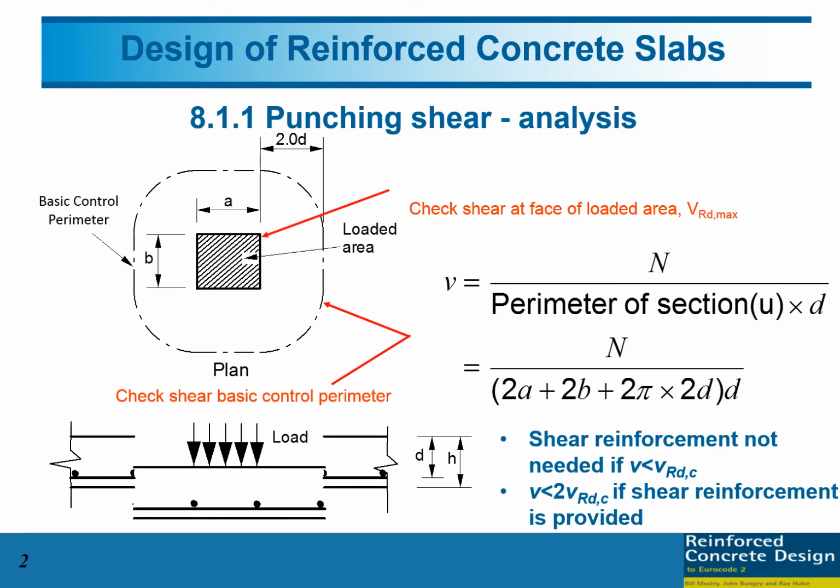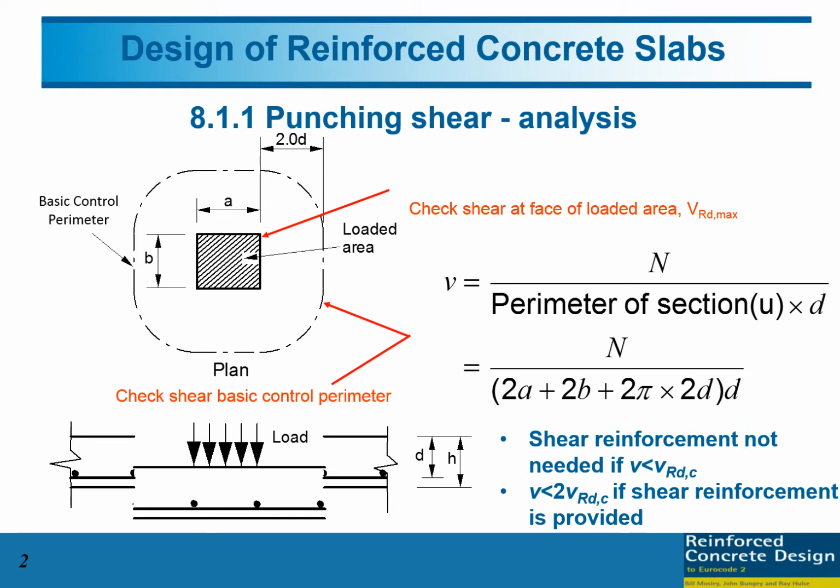For punching shear analysis, we need to get the value of the shear force. So V equals N divided by the perimeter of the section, U, multiplied by D. N is the axial load acting on the column, A and B are the dimensions of the column, and D is the effective depth of the slab.